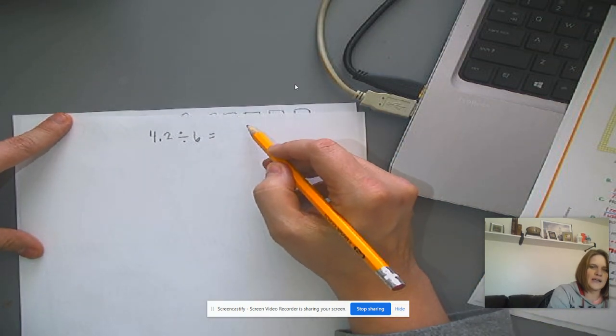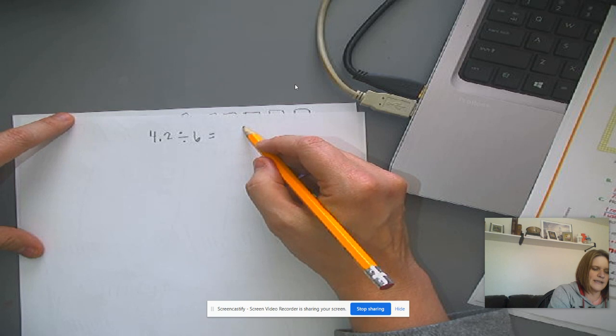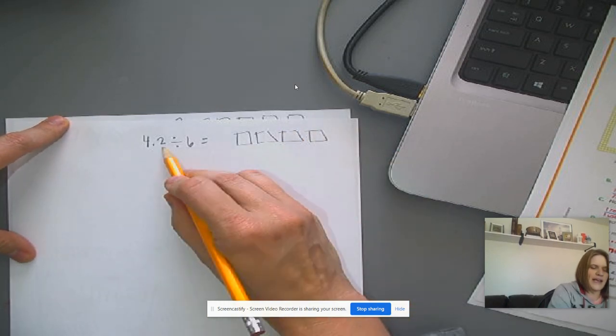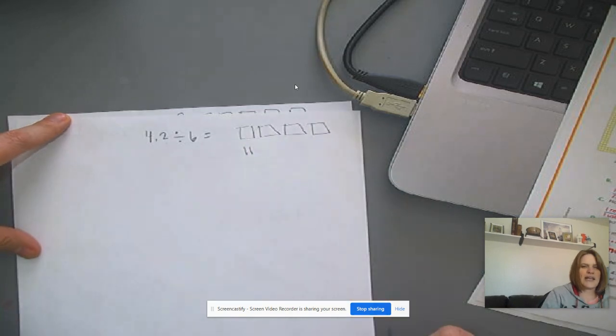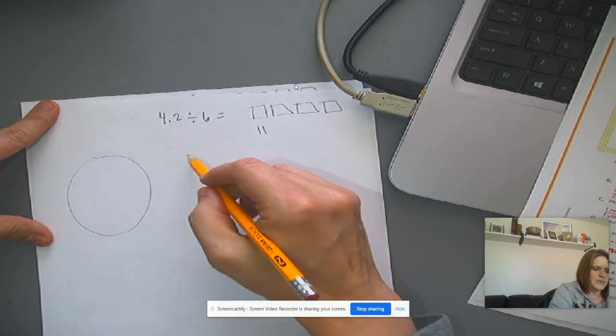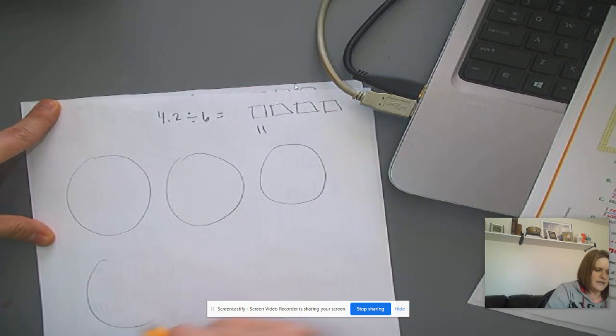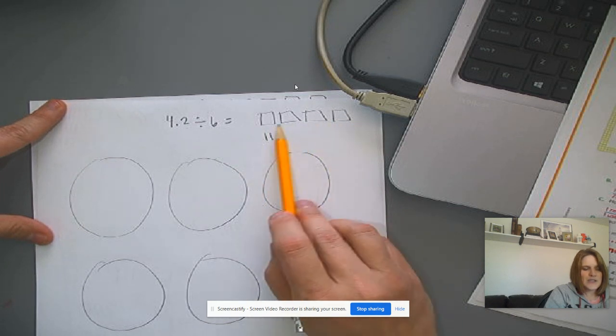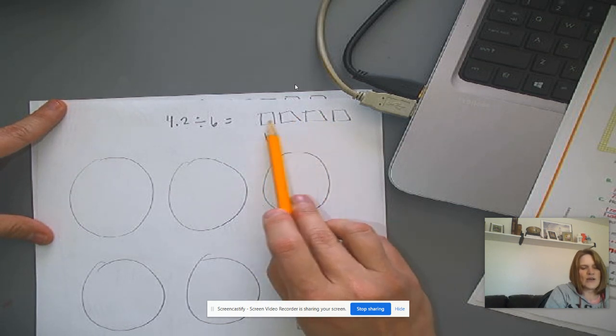So what does our 4 look like? It's 4 ones, equal flats, okay? And then we have 2/10. We're dividing it amongst 6 groups. Okay, so what are we going to divide first? We're going to divide these wholes.